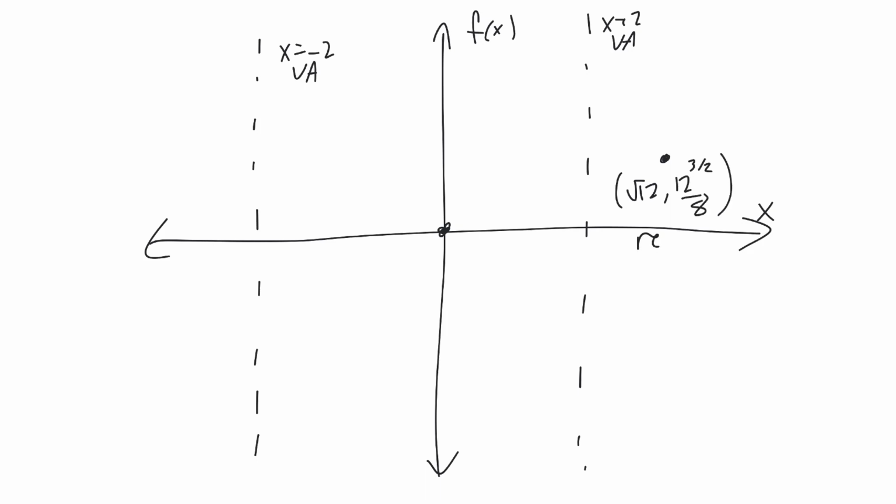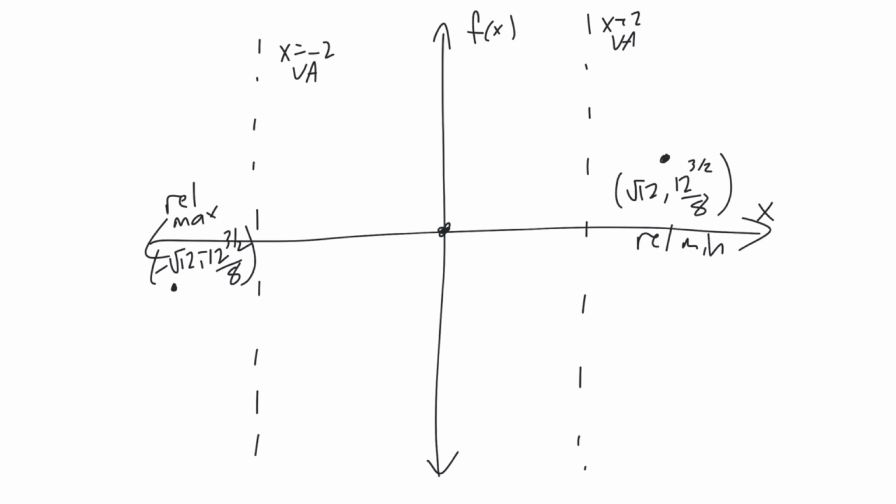This is a rel min. Similarly over here, we've got a point at negative root 12, and negative 12 to the 3 over 2 over 8, and this is our rel max. All right, so those are all of our points.